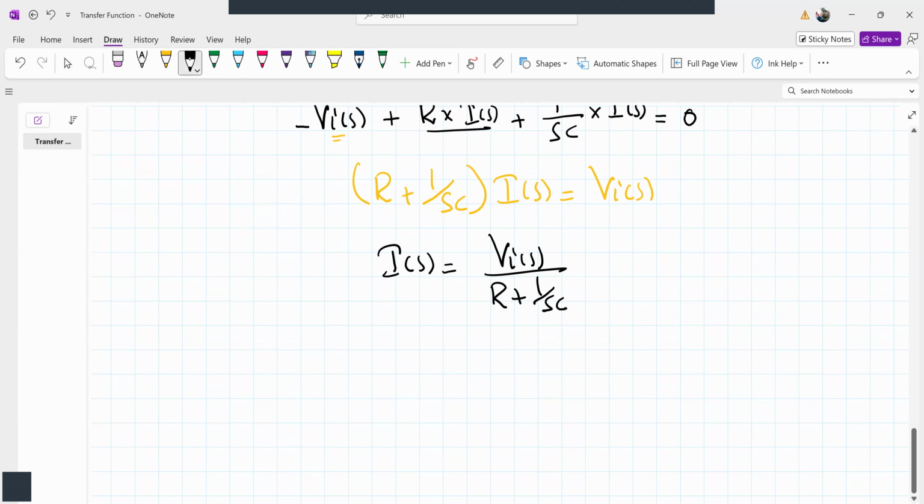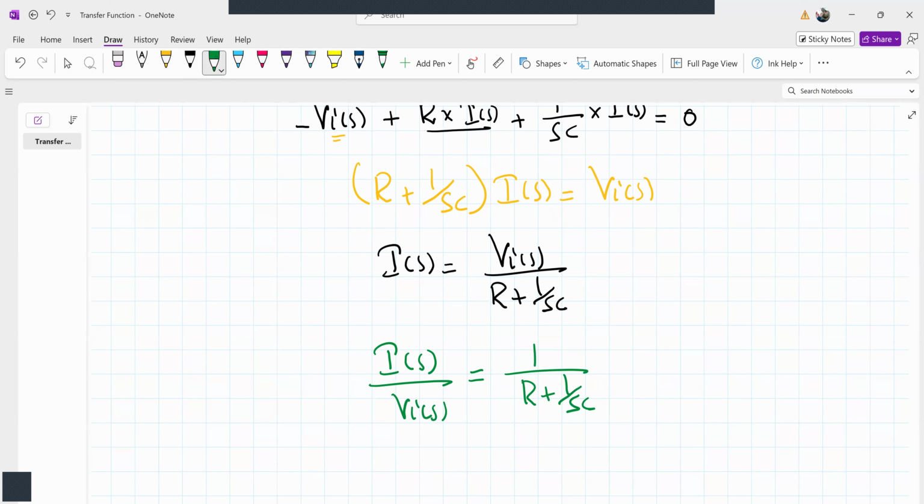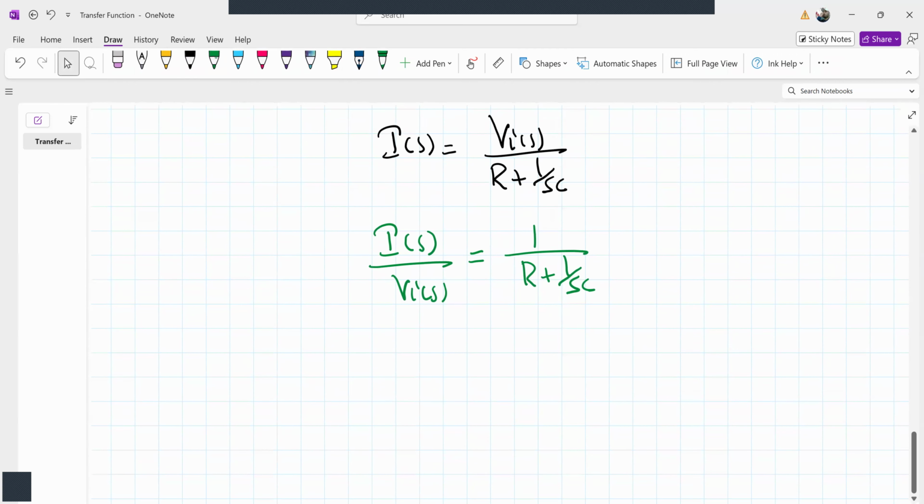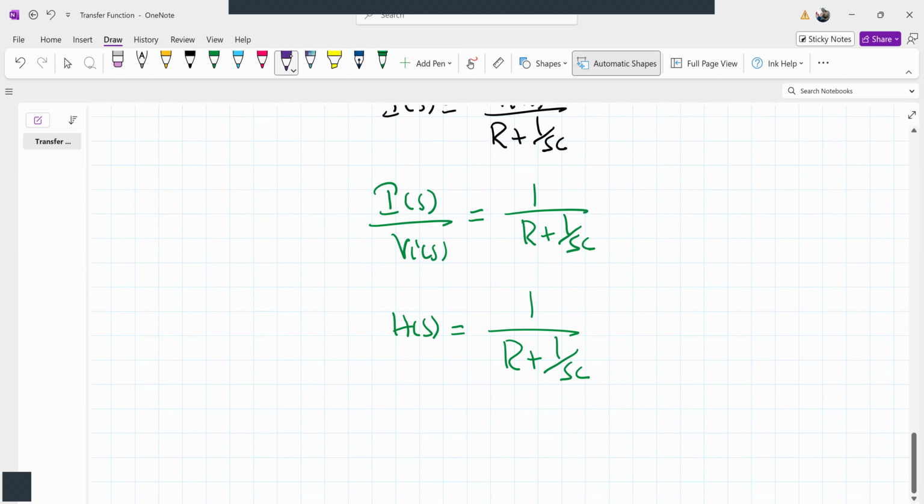Simplifying this, dividing both sides by Vi(s), I(s) divided by Vi(s) is simply equal to 1 by (R plus 1/sC). So output is I(s), input is Vi(s). So the transfer function of this network is simply H(s) equal to 1 by (R plus 1/sC). So this is the transfer function of this network.